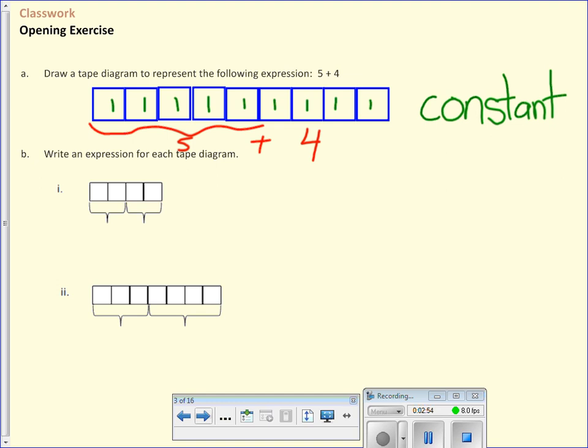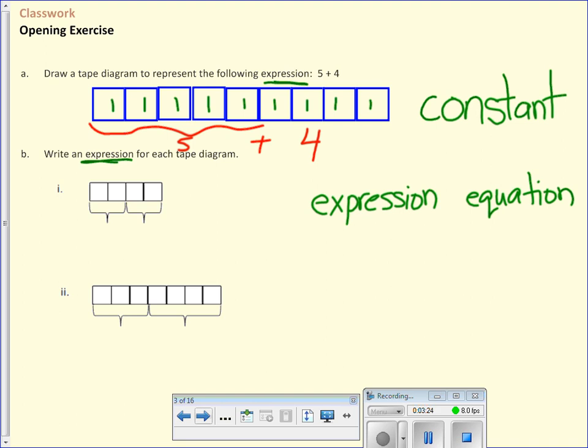And we remember that our constant can change from expression to expression. Now here it said this is an expression, and here they're asking for an expression. But the title of this module was Expressions and Equations. So what's the difference between an expression and an equation?